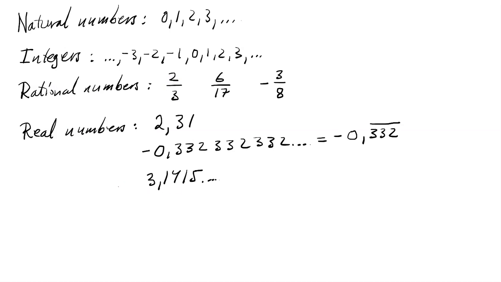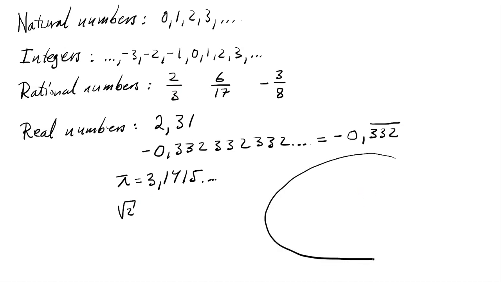For example, pi. Pi can't be written as a fraction of 2 integers. Same with square root of 2 or square root of 3. And then many others, an infinite number of numbers that can't be written as a rational number.